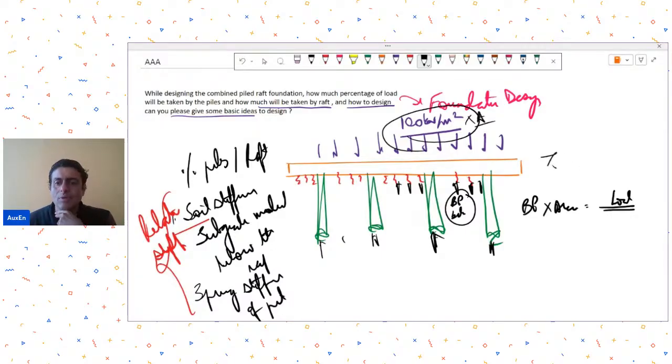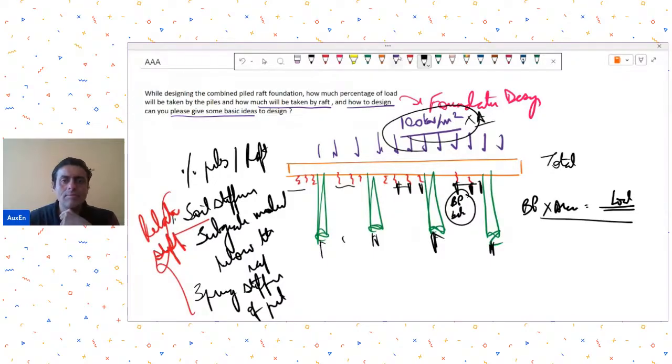So you will have the total load, out of which you know how much raft is taking, so the balance piles are taking. And then you can try to vary the subgrade modulus of soil and or the pile spring stiffness, and you will see that the load distribution also changes.